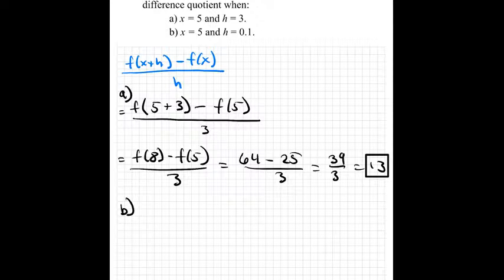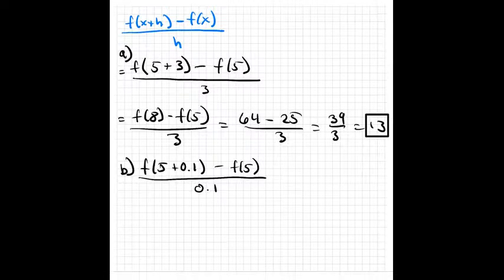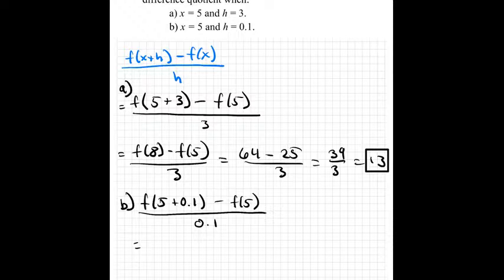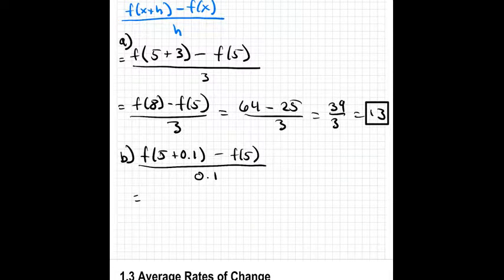so our x is 5. Our h is, so now our change is 0.1, so we're doing a smaller change. Still minus f of 5. And our h in this case is 0.1. Okay. So 5.1, I don't know 5.1 squared. Hey Siri, what's 5.1 squared? 5.1 raised to the second power is 26.01.